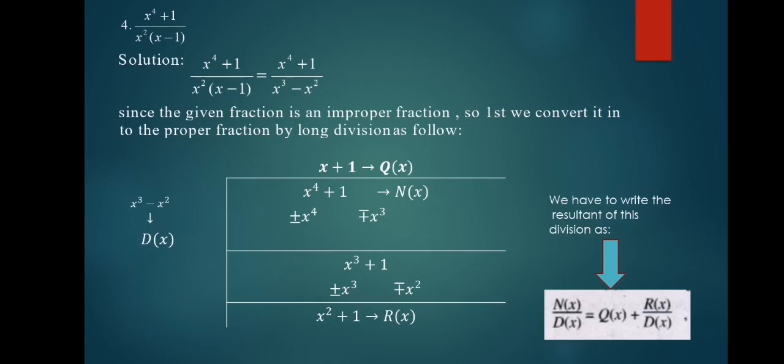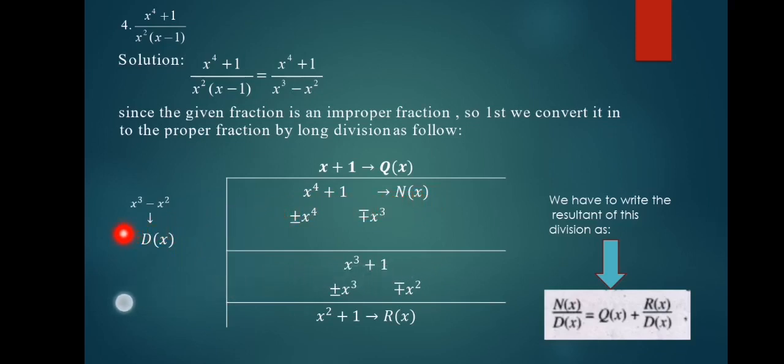Since the given fraction is an improper fraction, first we convert it into a proper fraction by using the long division method as follows. We have x^3 - x^2 as the divisor, and x^4 + 1 is the dividend or the numerator.